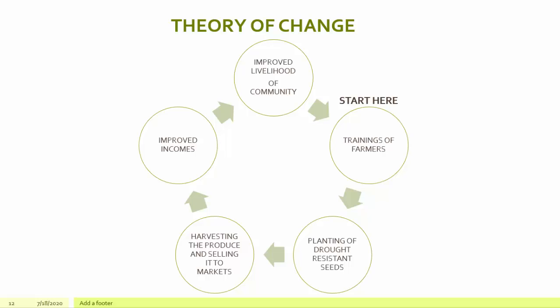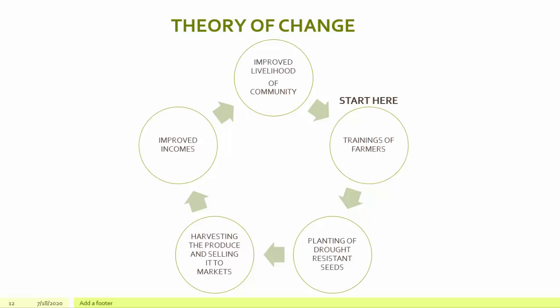After they plant, of course, the harvesting is done, and because they followed things the right way and because they were trained, you obviously expect that the harvest will be good and lucrative. This is where it gets more interesting, guys, because when you have such a good harvest, it means that when the farmers harvest and sell this produce, their income is going to improve.